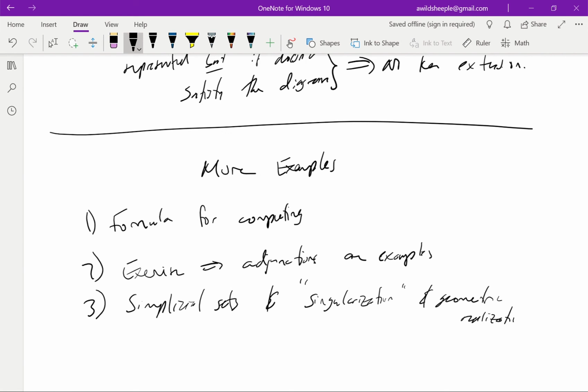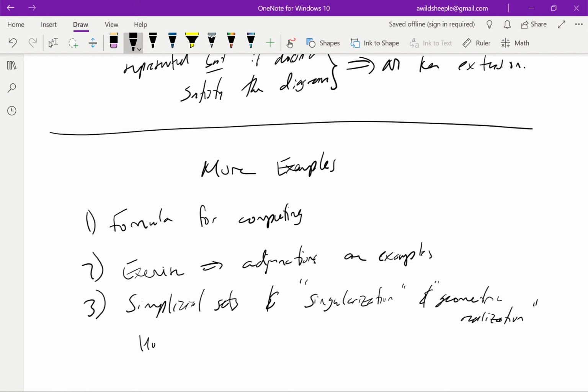And I'll tell you guys what those are, because I don't expect you guys to know anything about these other branches of math. But my hope is that after seeing these, among some other examples, once we have adjunctions, that includes things like Hom-tensor. And these are also an example. Singularization and geometric realization are also an example.